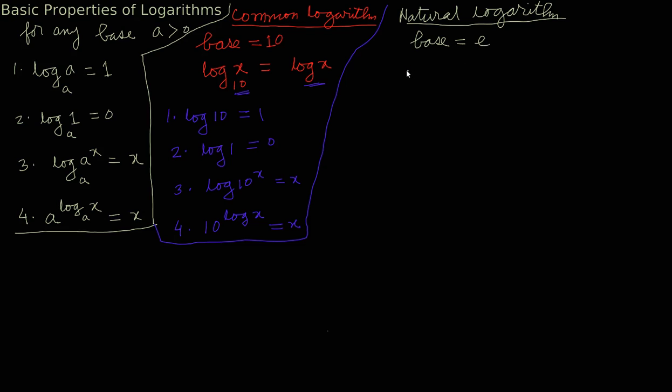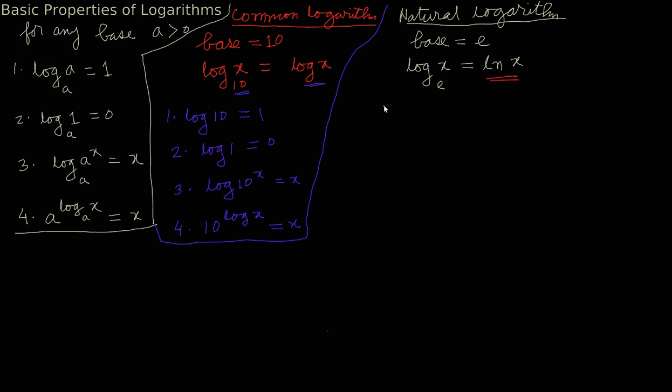If I have a logarithm of x and base e, this logarithm is written in most books as ln x. So ln means natural logarithm. Whenever you see ln x, you need to understand that this is a logarithm base e.